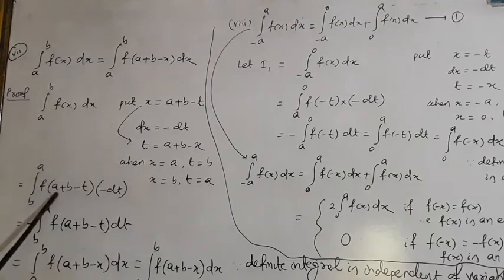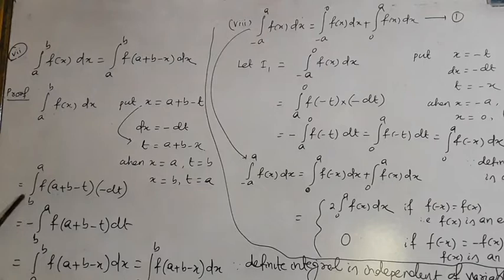It is f(x), x becomes a plus b minus t, and dx is minus dt. Now take this minus outside. It is integral b to a f(a plus b minus t) dt.